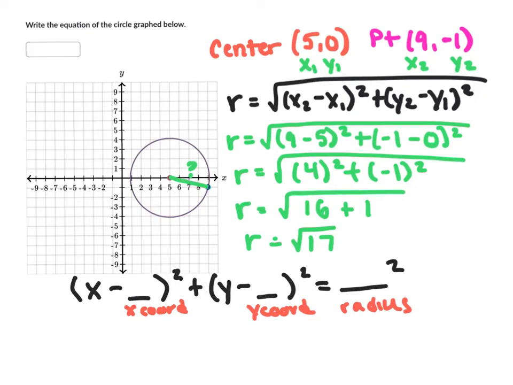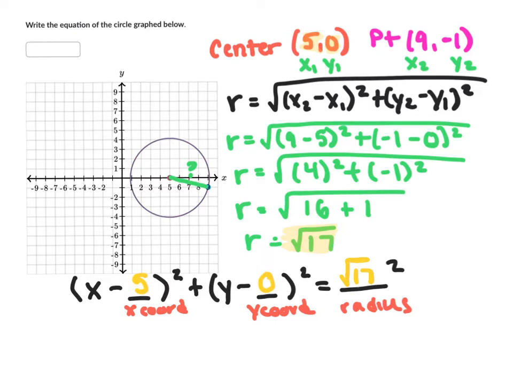We have the x-coordinate of the center is 5, so I can fill in a 5. Then the y-coordinate of the center is 0, so I can fill in a 0. And the radius is the square root of 17, so you can fill in the square root of 17.